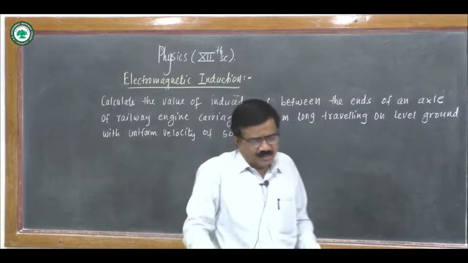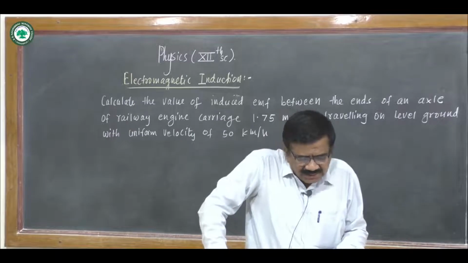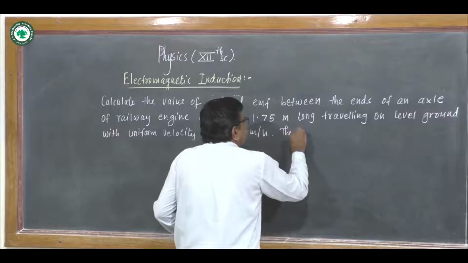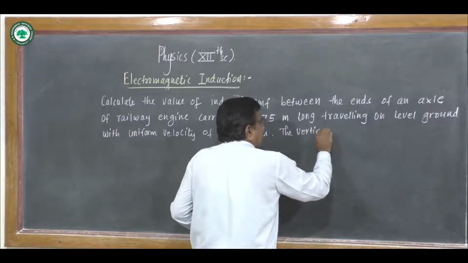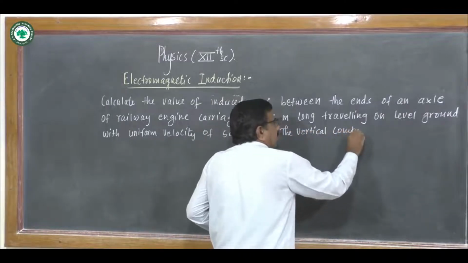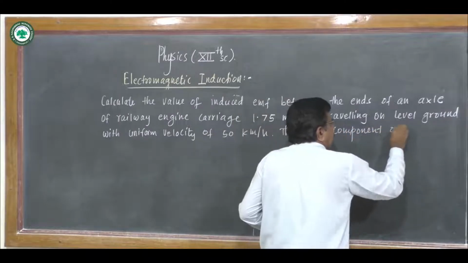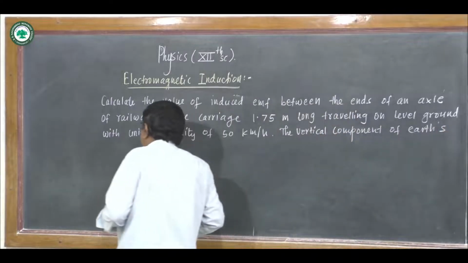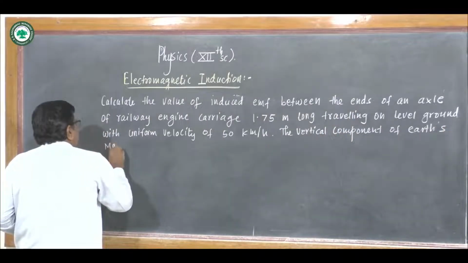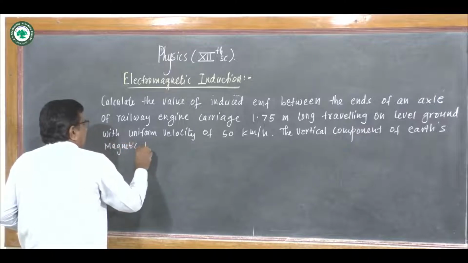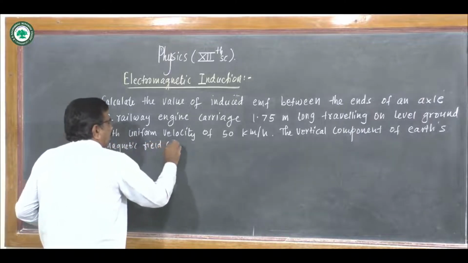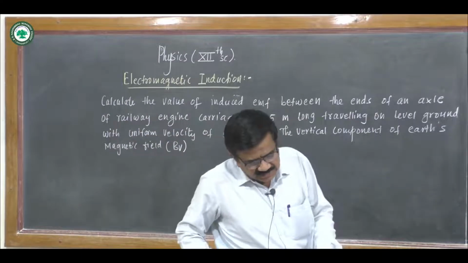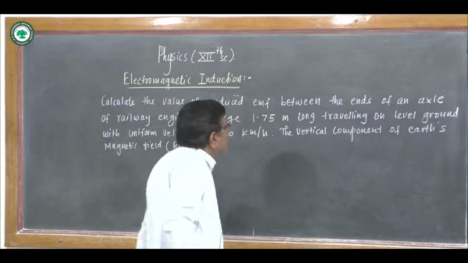Velocity is given in kilometer per hour. The vertical component of Earth's magnetic field, we call it BV, is given, and it is 5 into 10 raised to minus 5 Tesla.